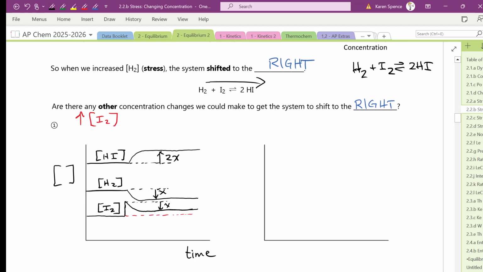Any other changes we could make to get the system to shift to the right? We could decrease HI, absolutely. All right, and this time we're going to have HI on the top. Let's put H2 next.